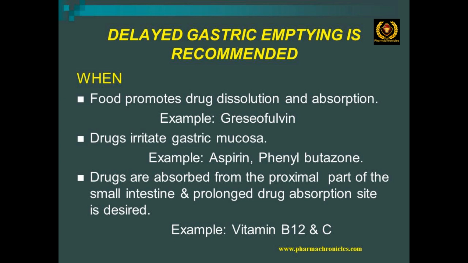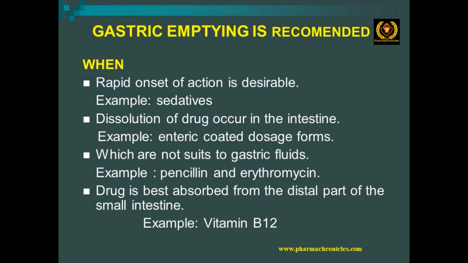Example, griseofulvin. Drugs that irritate the gastric mucosa. Example, aspirin, phenylbutazone. Drugs absorbed from the proximal part of the small intestine where a prolonged absorption time is desired. Example, vitamins B1, B2 and C.